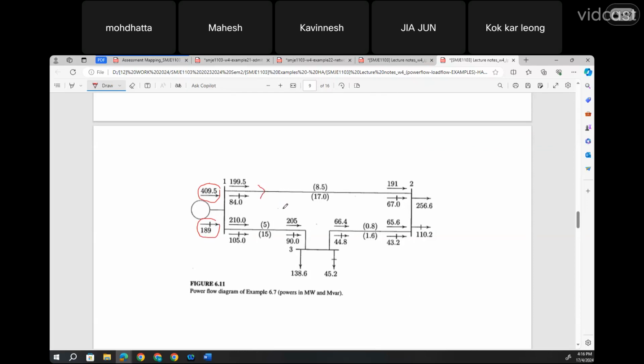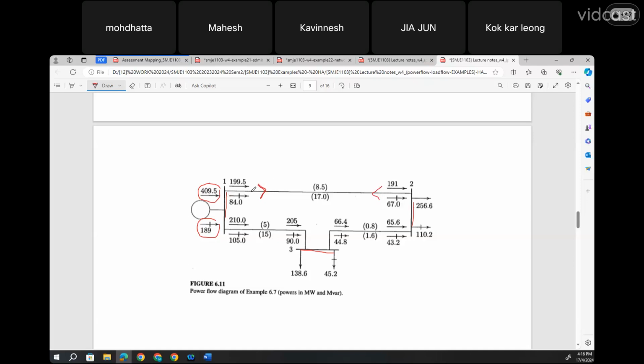Basically, not from the slack bus information solely. Since you have the voltage level here, the voltage level here, and also the voltage value over here, you can always calculate the current flowing through here, either in this direction or in the opposite direction, where we consider from bus 2 to bus 1.